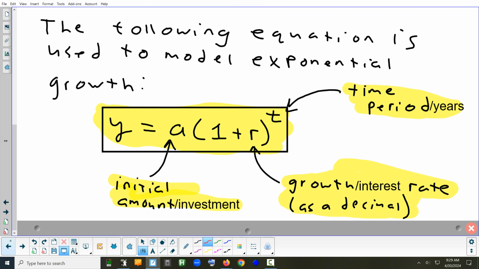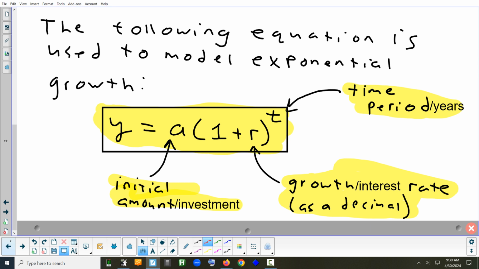This is the formula you need to use when they give you a problem that has a percent in it. It's y equals a times, kind of like the formula we had before, but instead of b, we have 1 plus r. That's because they're giving us the information as a percent, so we have to do it this way.